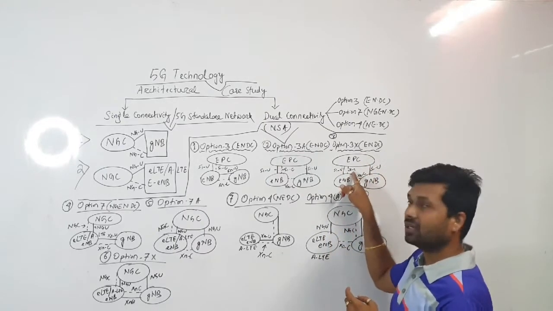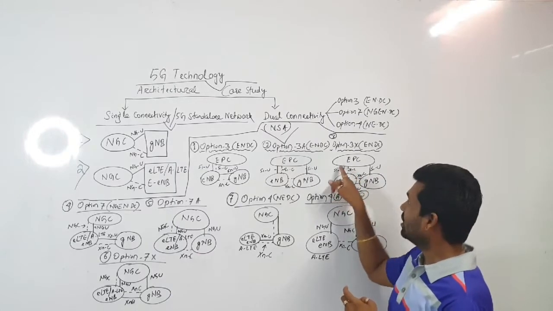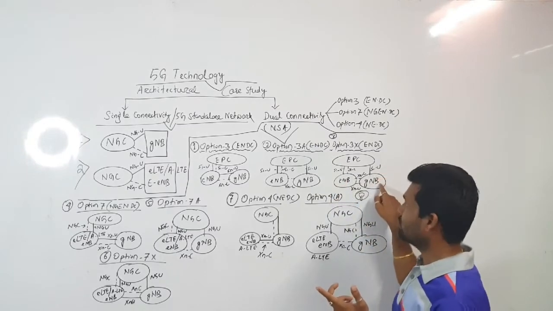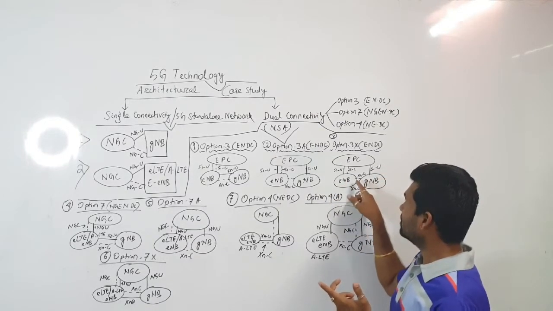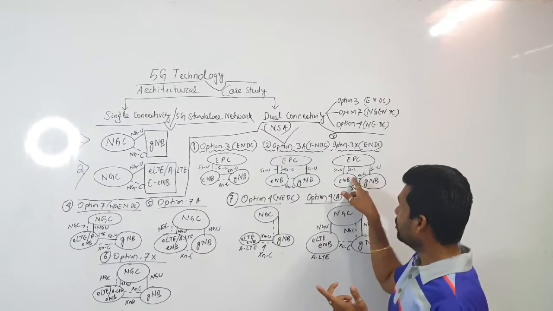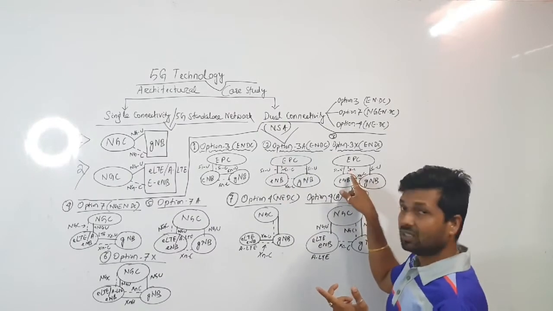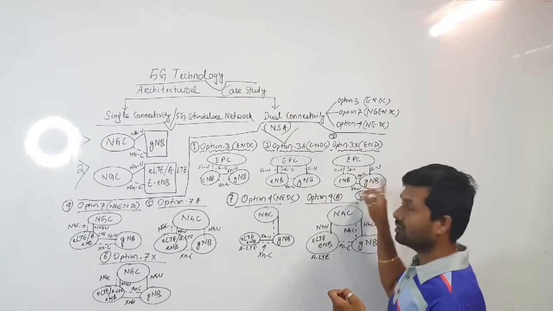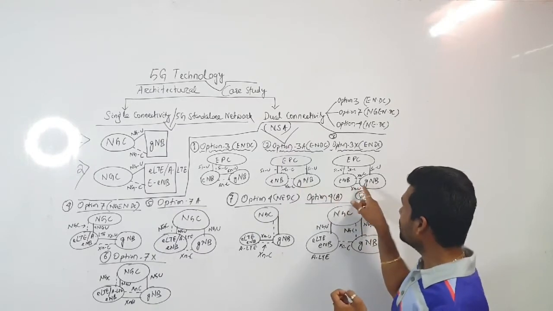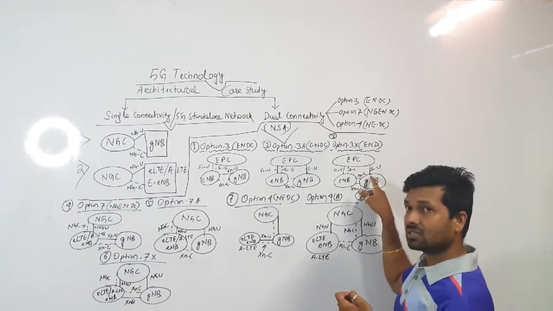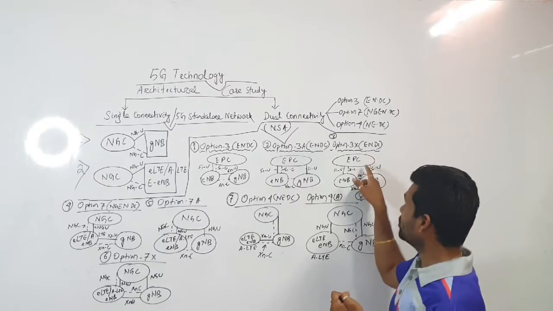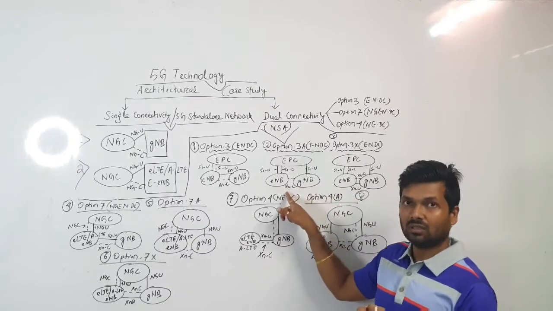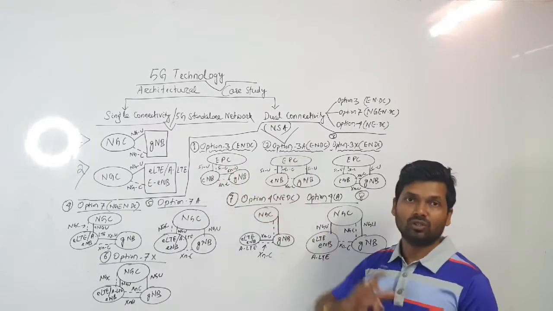From EPC you have S1C to E node B, S1U or user plane traffic to E node B, and also S1U to G node B. And for the control information, you have the S1C from EPC to E node B, and then XnC here. So the additional feature you are using is that user plane traffic can be transmitted and received directly to EPC, and also through E node B, which was not there in the initial case, where it only happened through E node B.